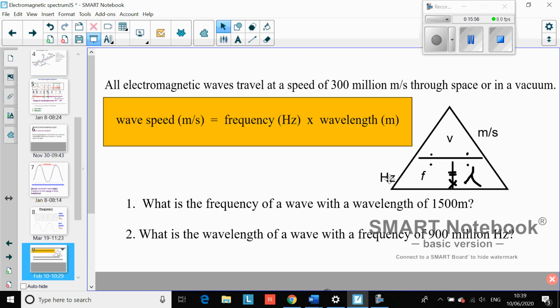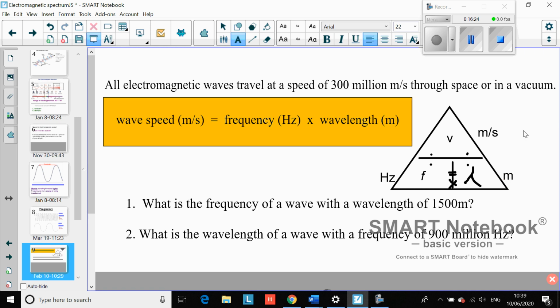So 1 kilohertz is 1,000 waves a second. If you get 10,000 waves a second, it's 10 kilohertz. If you get 500,000 waves a second, it's 500 kilohertz. And finally, the wavelength is in meters, but you see that's a bit of a weird symbol. It's a Greek symbol that denotes wavelength.